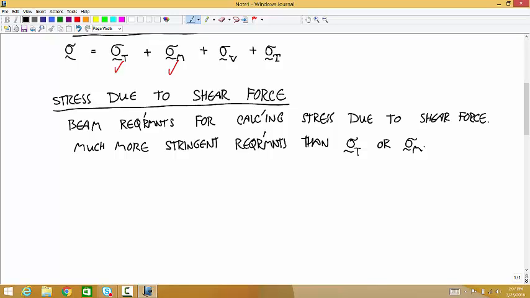So here are the requirements. We can only calculate the stress due to shear force for two cross-sections. Two cross-sectional shapes.